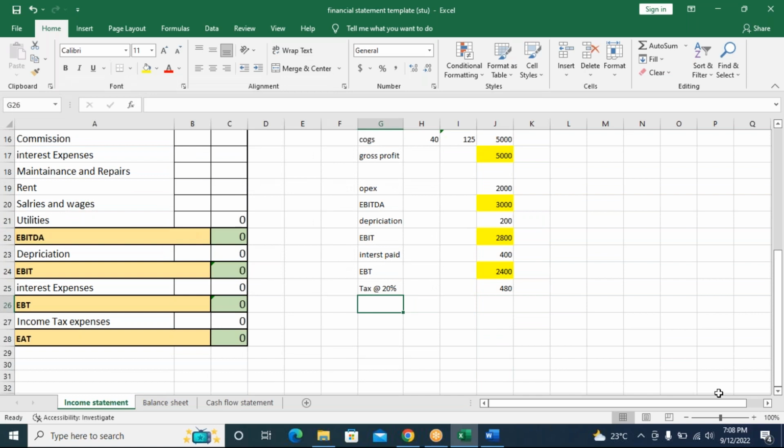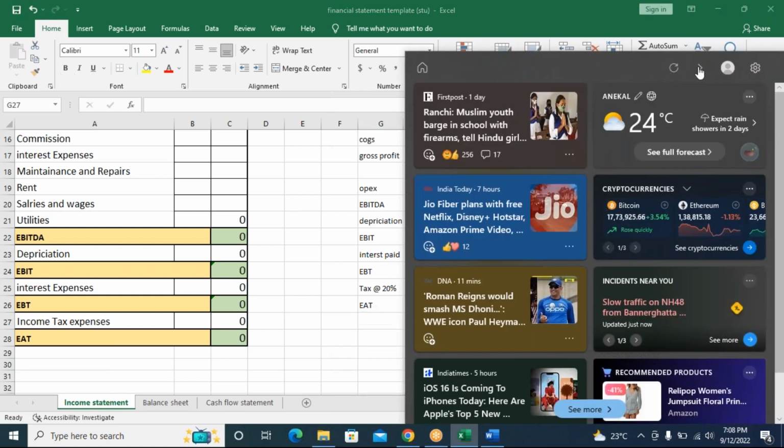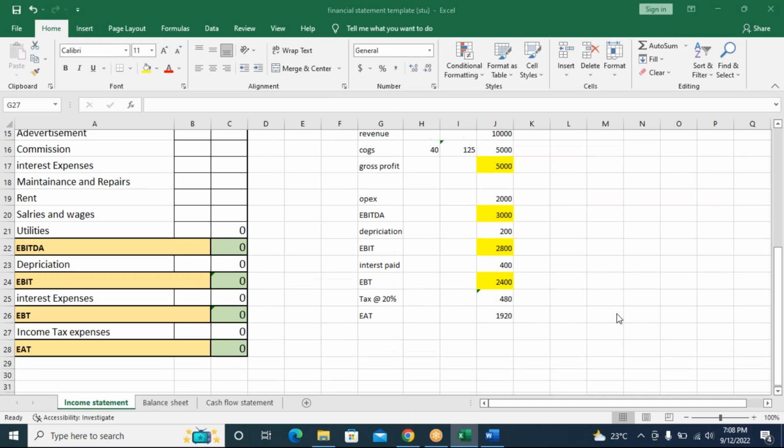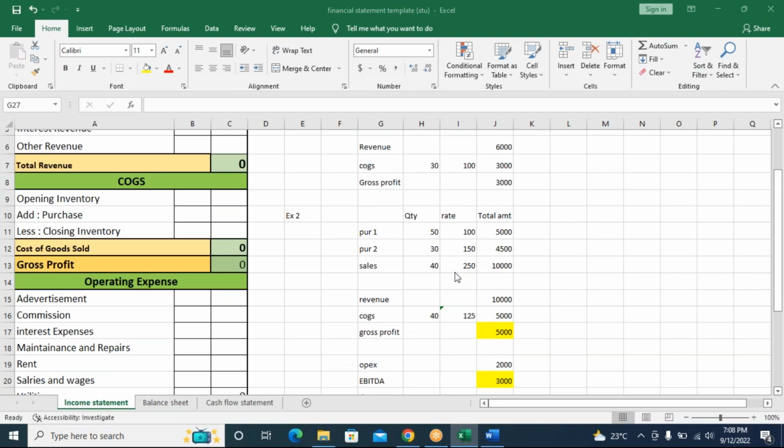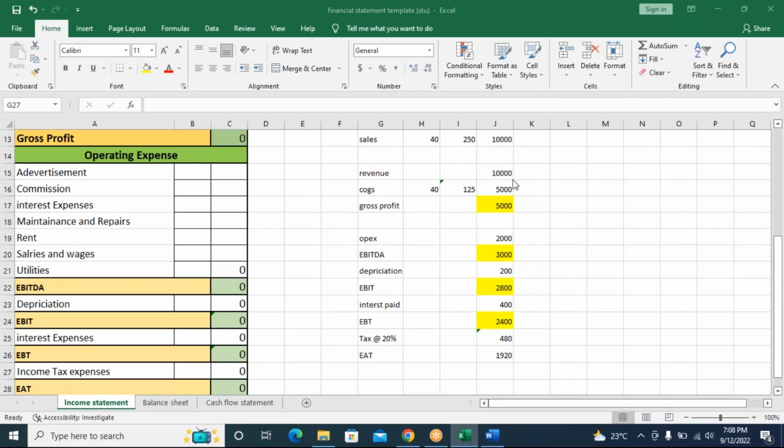It will be EAT, that is earning after tax, equal to 2400 minus 480. So this is my earning after tax, isn't it? In general, these random values have been calculated.